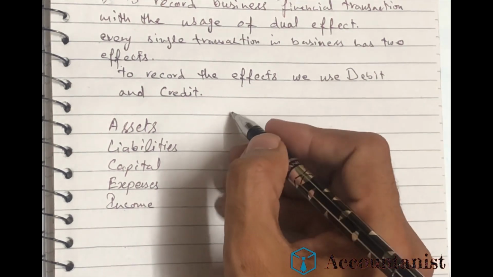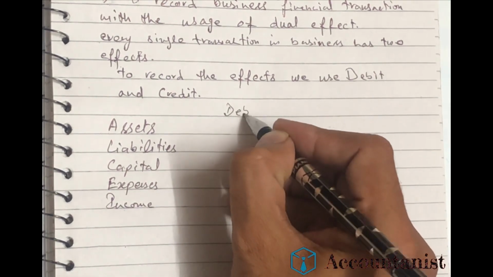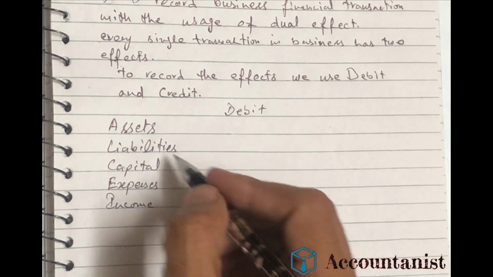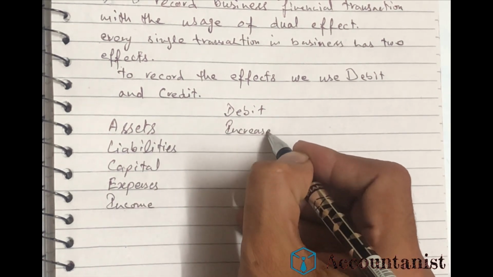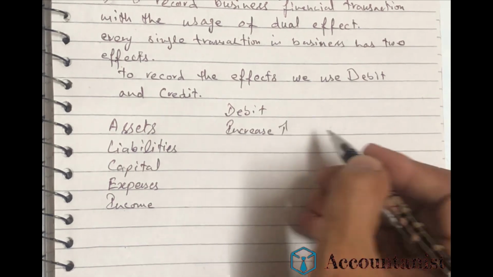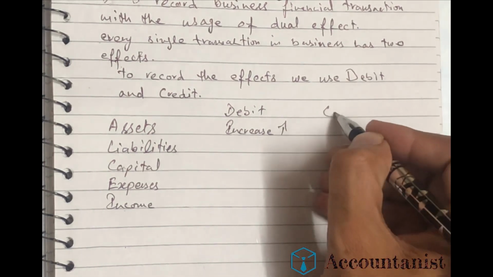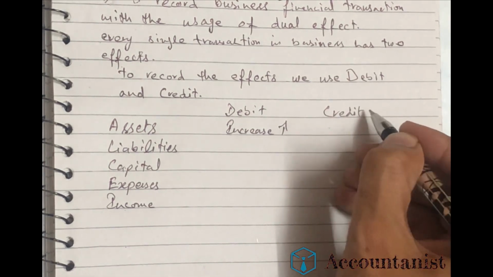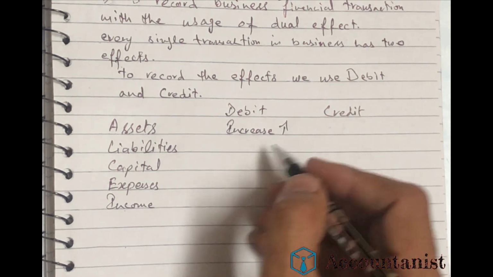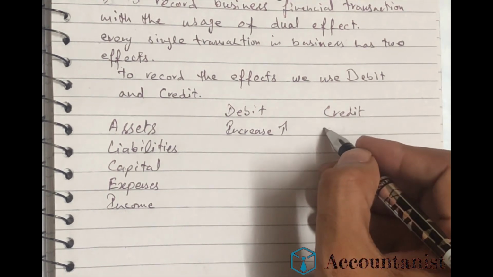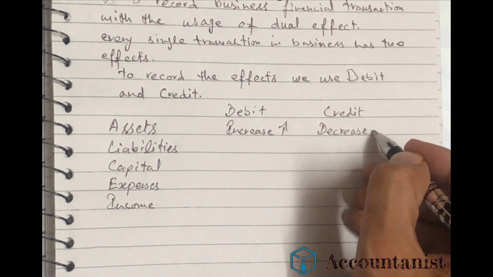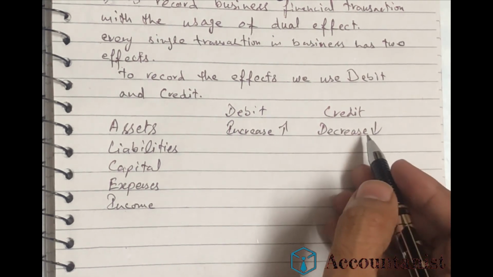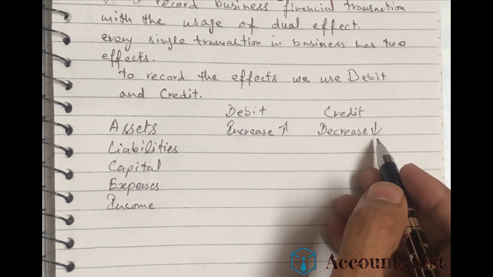So we will do debit once the asset increases, means the balance goes upward of the assets, and we will do credit once the assets balance decreases, means the figure goes downwards.